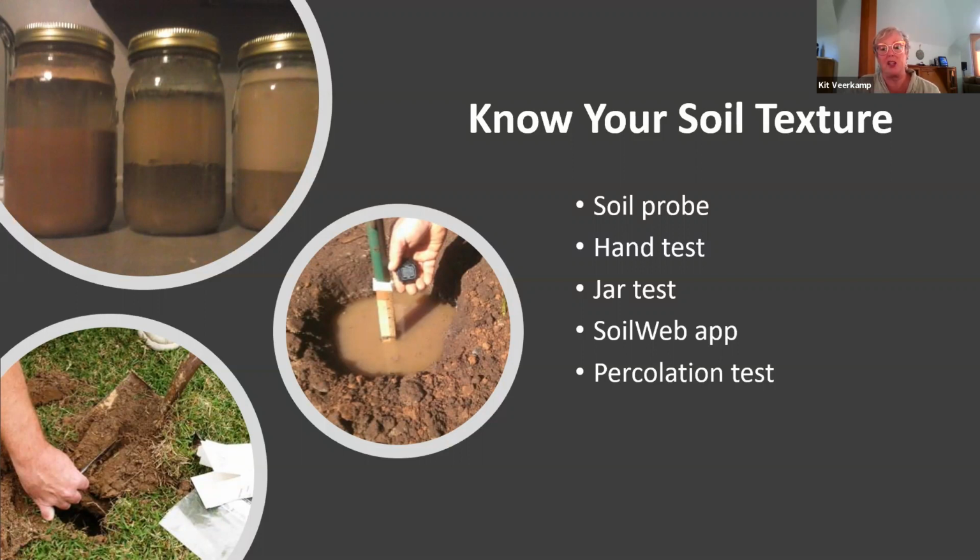So test your soils, use the Soil Web app that I mentioned in the prior class. Do your percolation test to determine if your soils drain and how fast they drain, because if your soils don't drain well, you need to apply water very, very slowly to them. If you have sandy soils, it's a whole different application. So knowing that is key to managing your water.